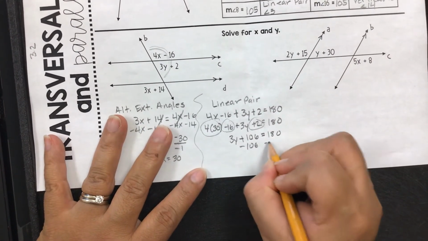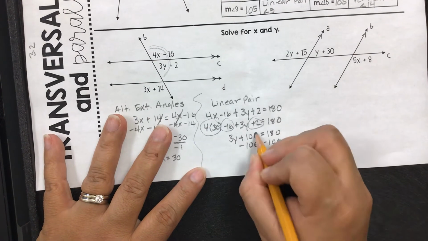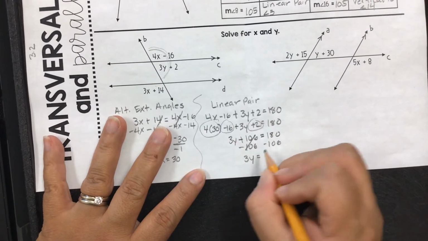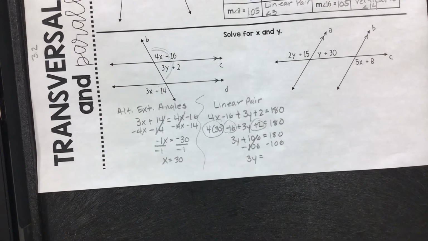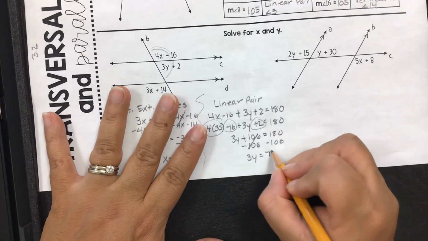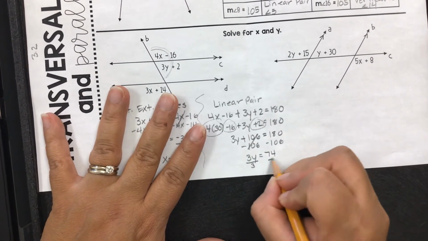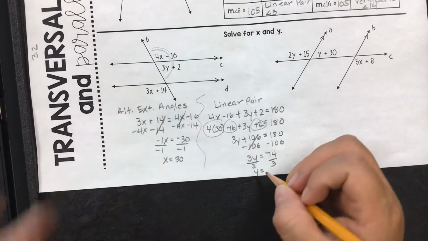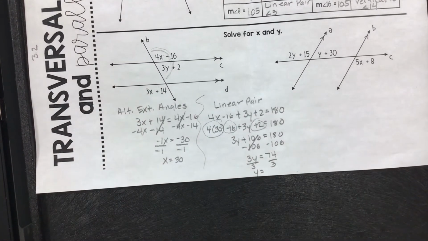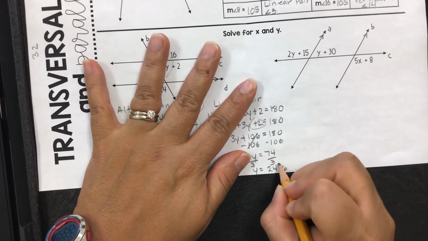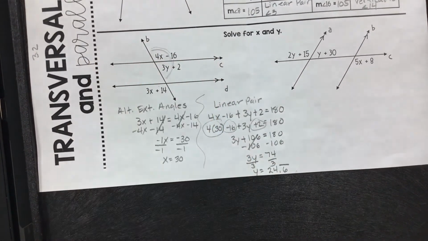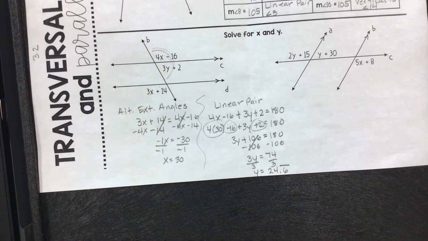Minus 106 to both sides. 3y is equal to 74 divided by 3. Y is equal to 24.6, repeating. Okay, 24 2/3 is a good answer as well.